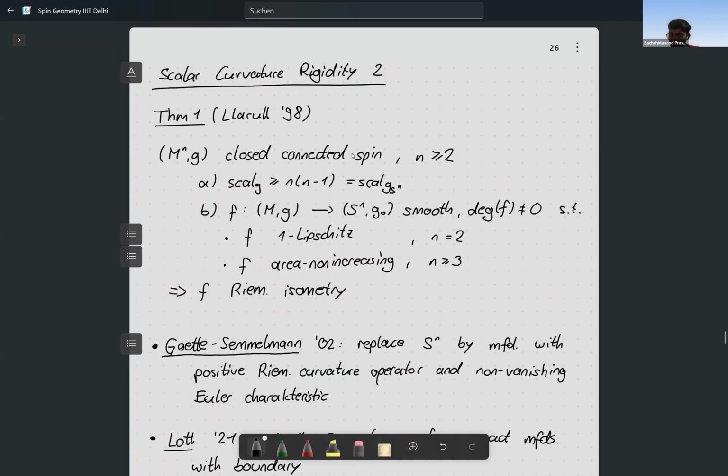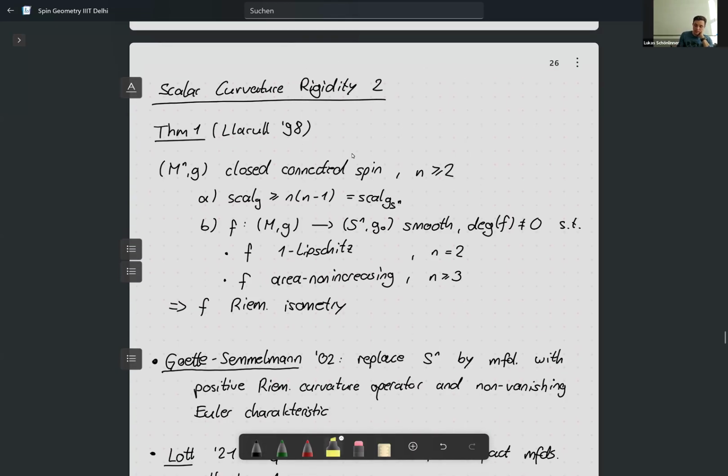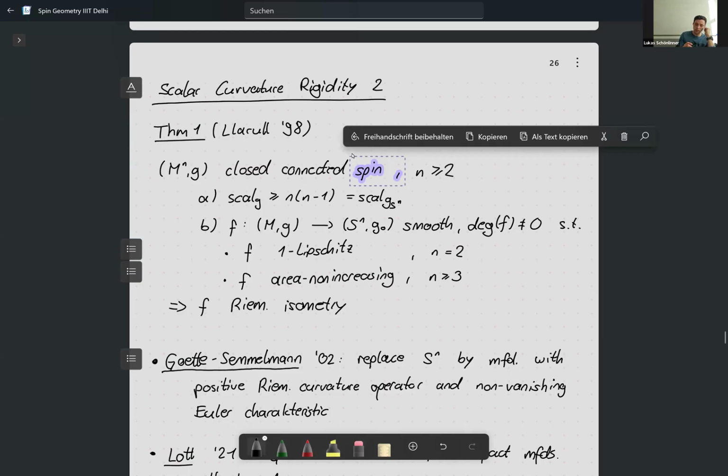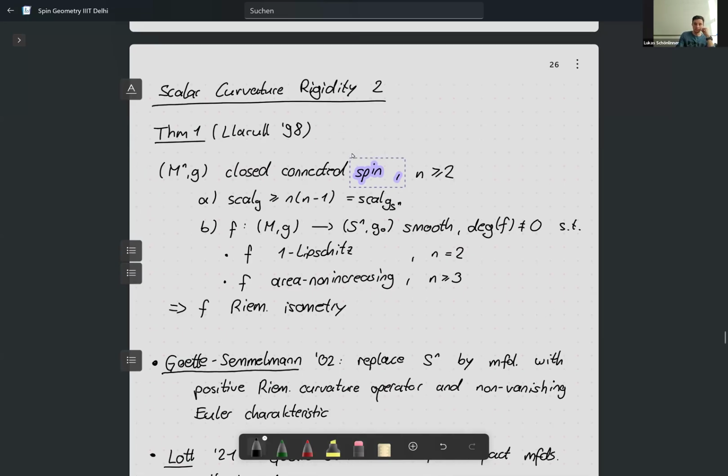Maybe I can do one more remark. When doing these generalizations, people also ask what assumptions we really need. As we saw in Theorem 2, we can relax the assumption on the metric, and we can relax the regularity of the map. Still an open question is whether we can get rid of the spin assumption. For the proof, we definitely need spin.